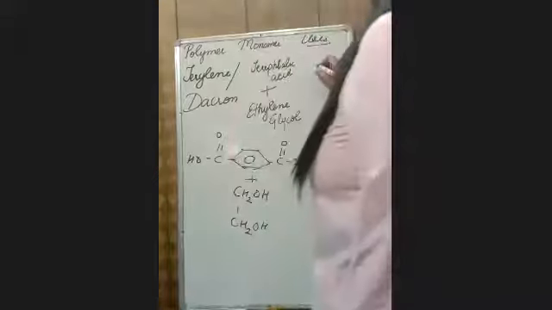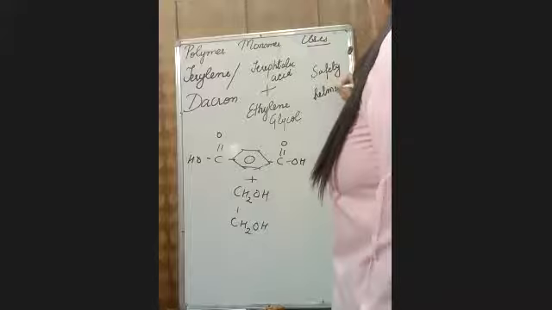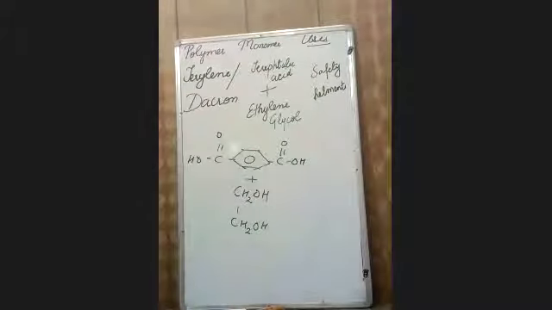It undergoes a polymerization reaction in the presence of zinc diacetate and antimony oxide to form Dacron, also known as terylene. It is used for making safety helmets, and it is also blended with wool to increase resistance to wear and tear.